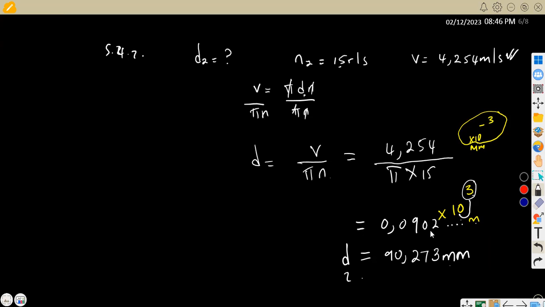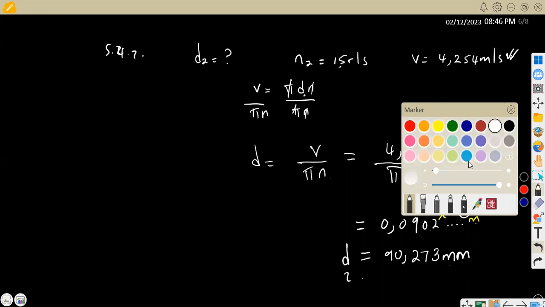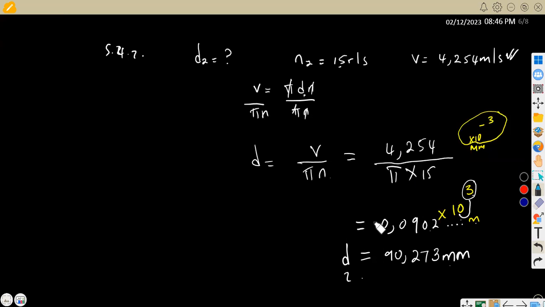If you round it off at this point, I want you to see something. Let's say you round off your diameter at this point and obtain 0.09 meters, to 3 decimal places. If you have rounded off at this point, then when you multiply by 10 to the power of 3, your answer is going to be 90 millimeters because you already rounded off.